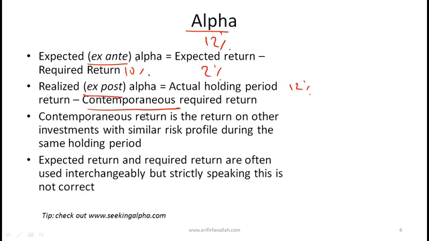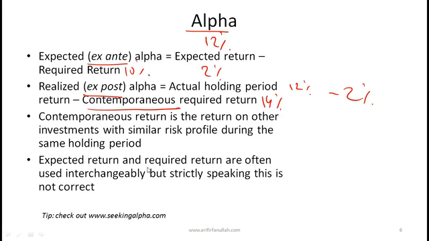If during that same period, other stocks of a similar risk gave a return of 14%, then your realized alpha is actually minus 2%. And there are several questions which go over this concept at the end of the reading. So contemporaneous return is the return on other investments with similar risk profile during the same holding period.